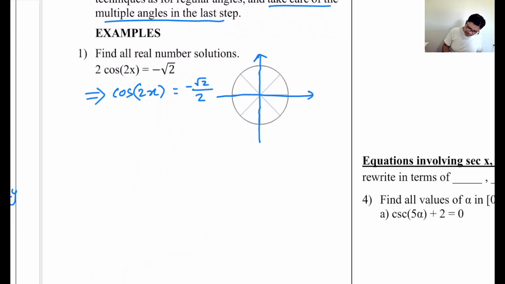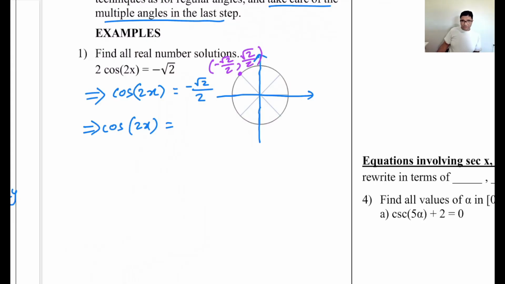And now you have to think, what is the smallest positive angle which gives you negative root 2 over 2, or the angle in the unit circle, and then you recollect the coordinates in the unit circle.